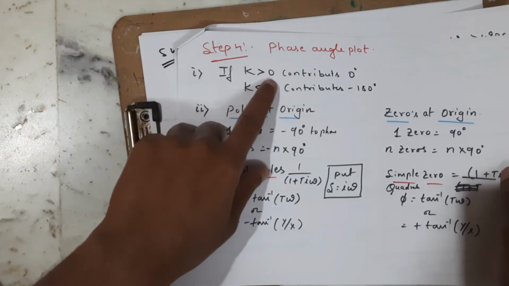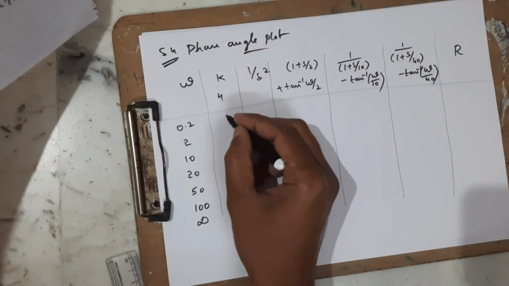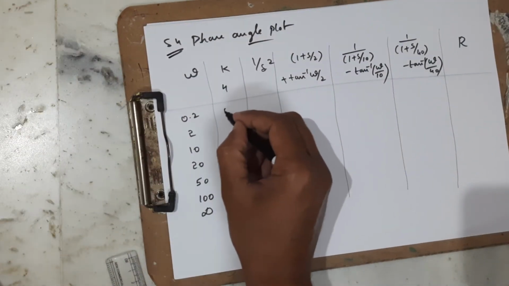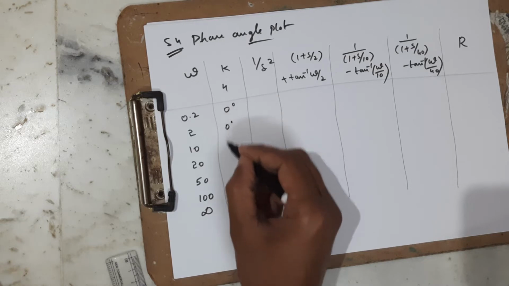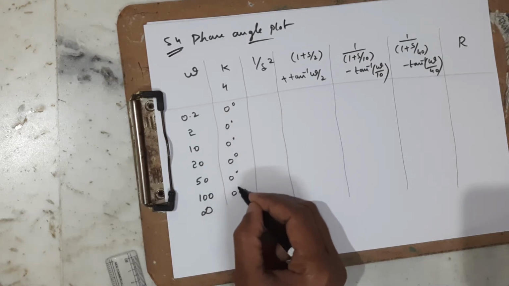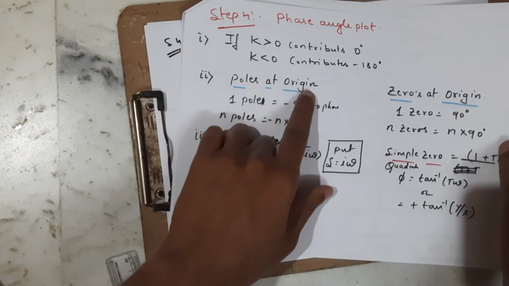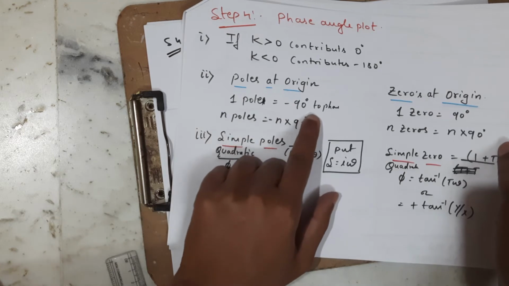K is equal to 4, that is greater than 0. It contributes 0 degree for all the values of omega. Next, poles at the origin. One pole contributes minus 90.